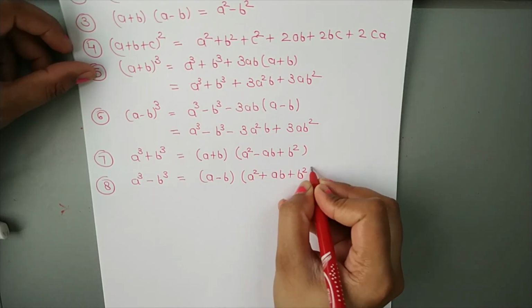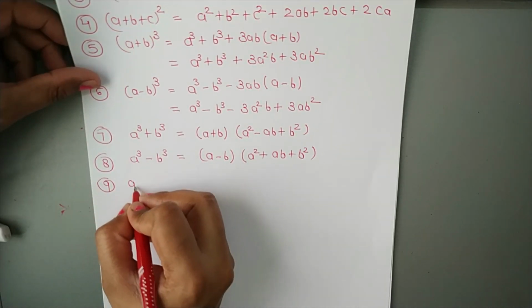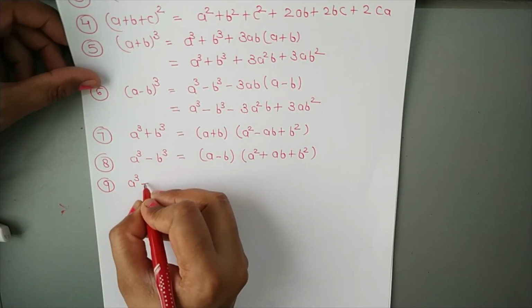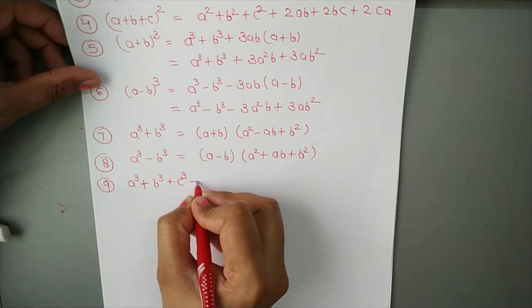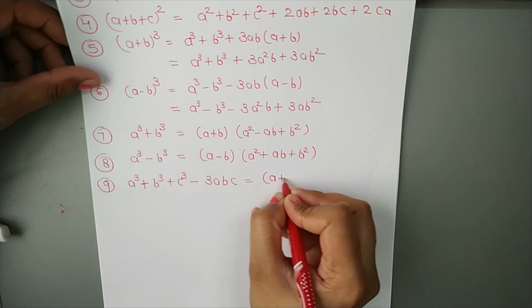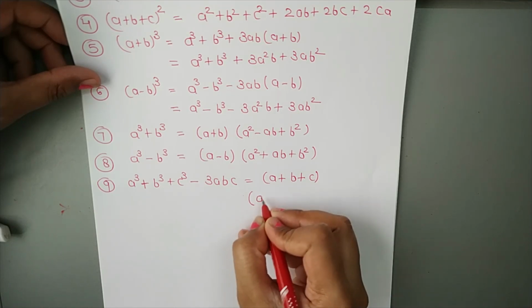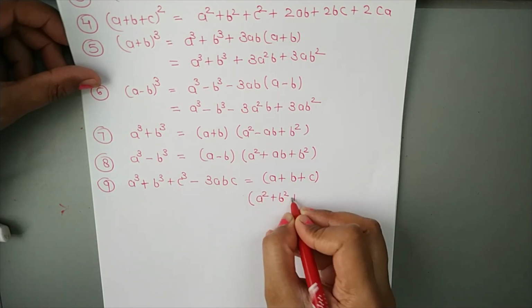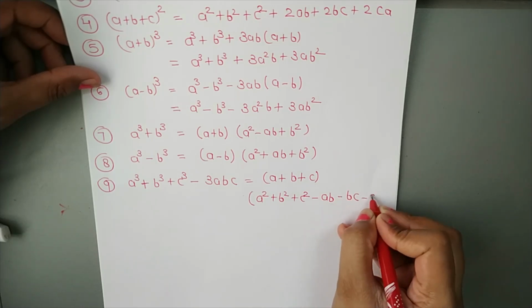Now the ninth one, a^3 + b^3 + c^3 - 3abc = (a + b + c)(a^2 + b^2 + c^2 - ab - bc - ca).